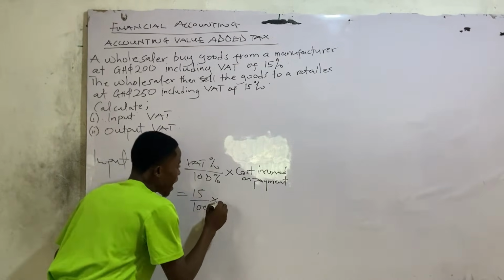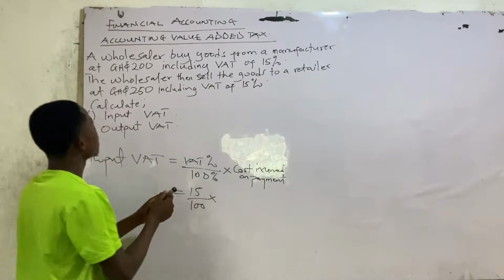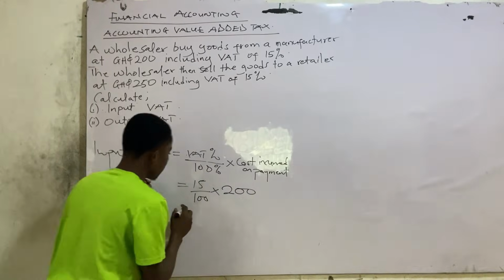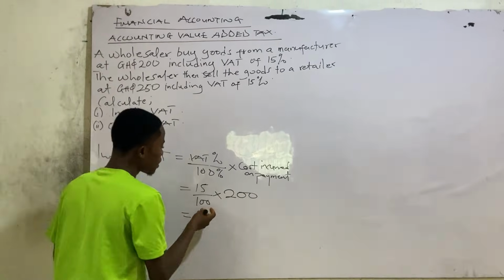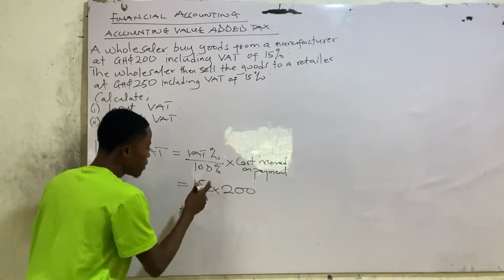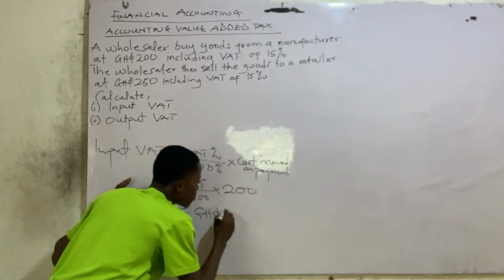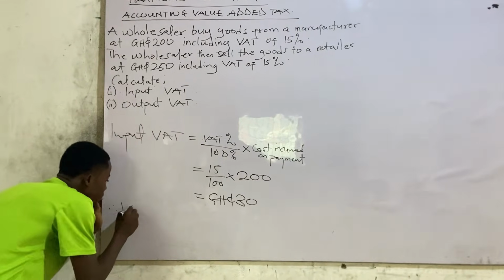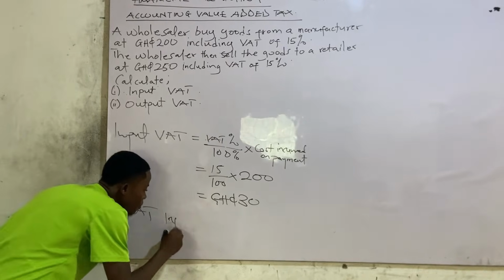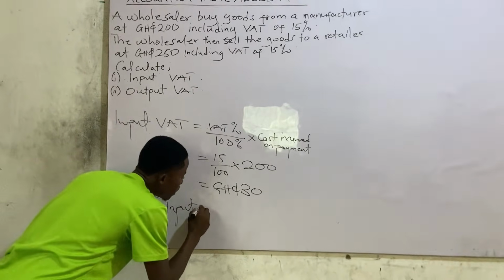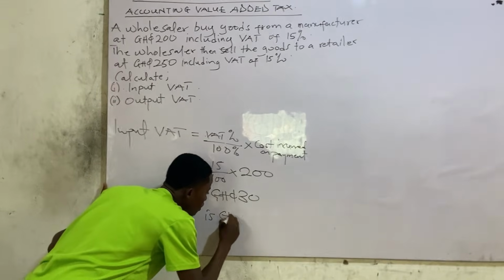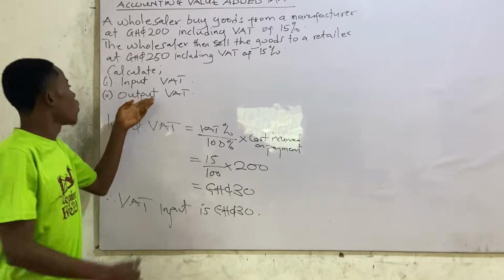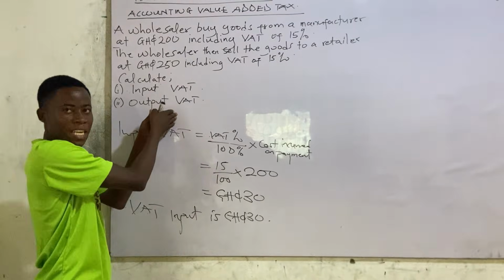Over 100 times the cost incurred on payment, which is 200 Ghana cedis. We have 200 here. So this will now give you what? 2 times 15 will now give you what? 30 Ghana cedis. So therefore our VAT input is 30 Ghana cedis. And then we are asked to find the output VAT as well.